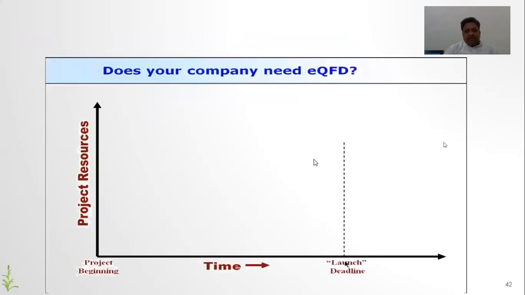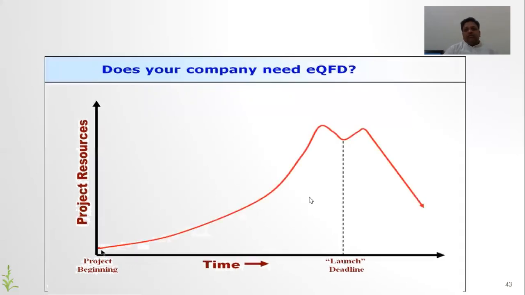So here you can see how the project resources versus time are being allotted. So does your company need QFD? That is the project beginning from here, the time and the launch deadline, that is the product launch deadline.